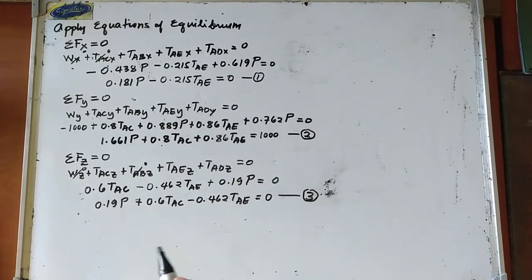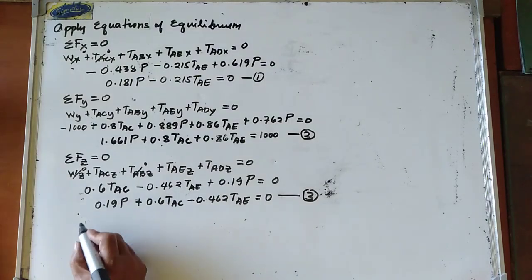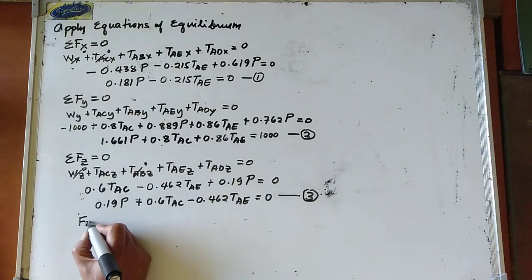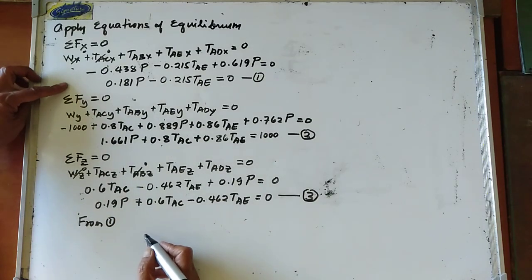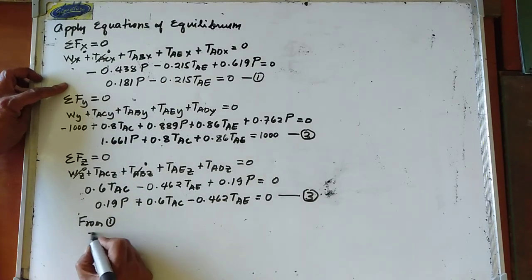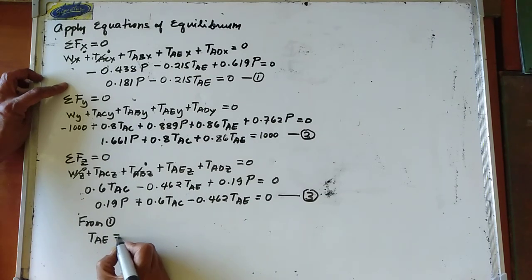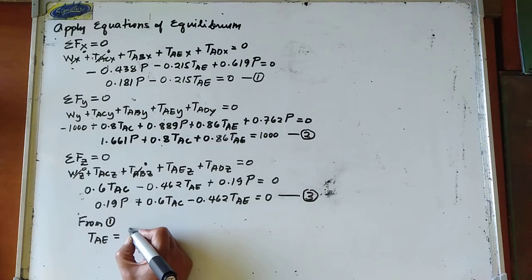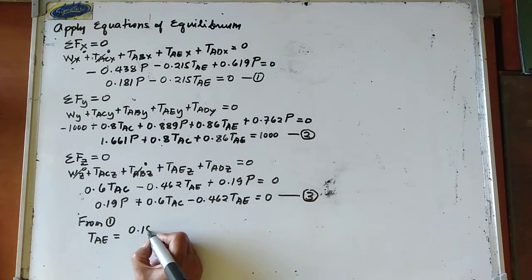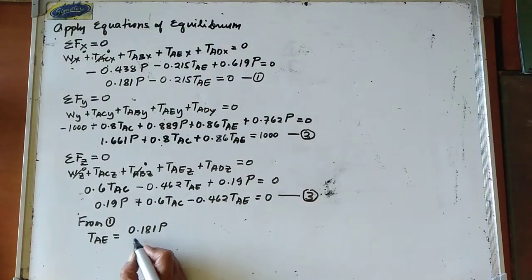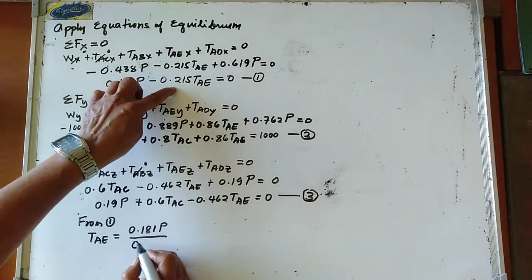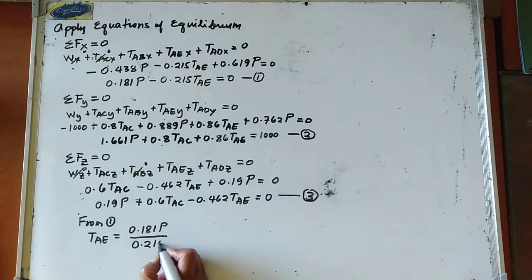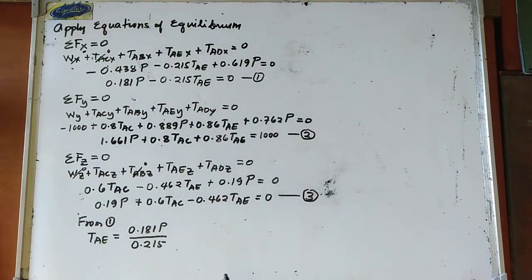Now, from equation 1, your TAE is equal to 0.181P all over 0.215.